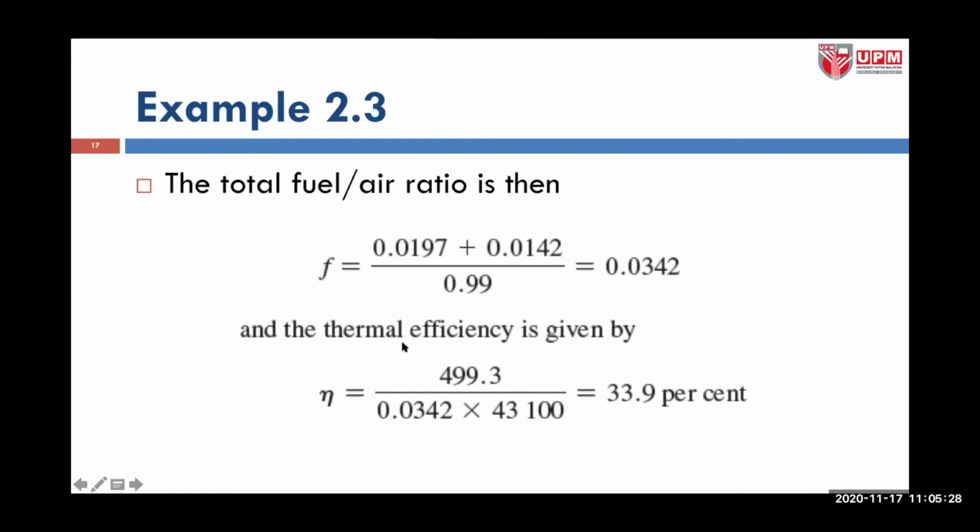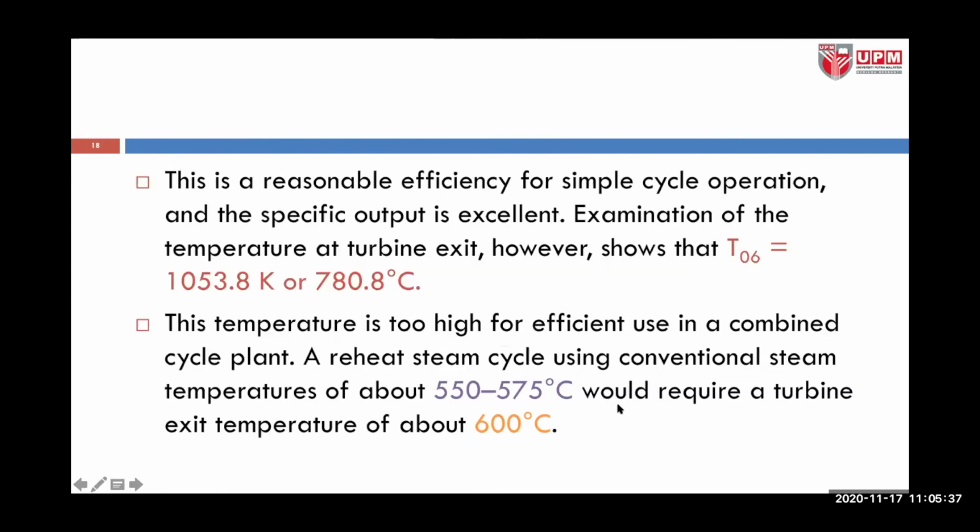And then you will get the thermal efficiency for the heat cycle to be 33.9%. So, what's the conclusion? This is a reasonable efficiency for a simple cycle operation.